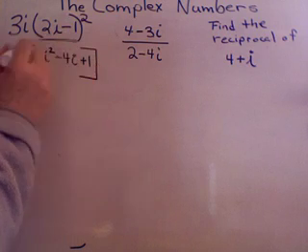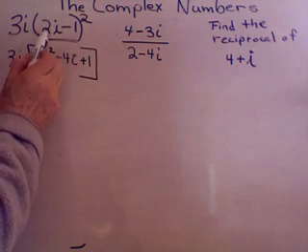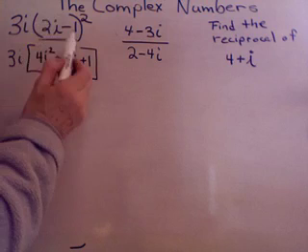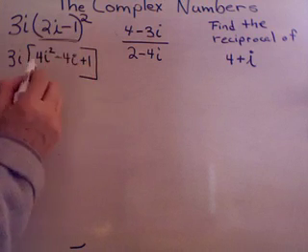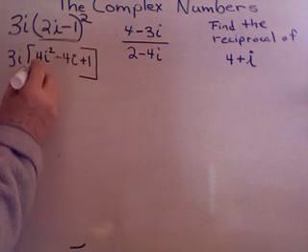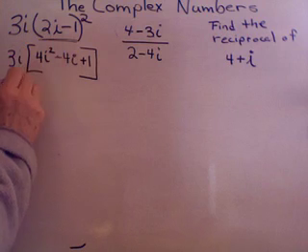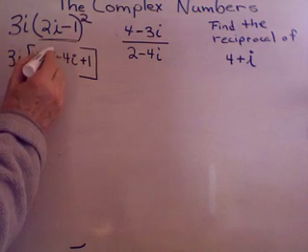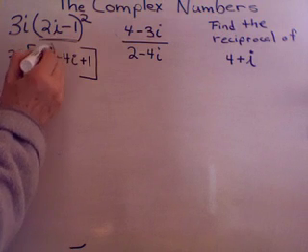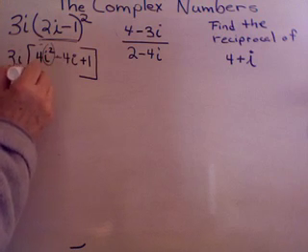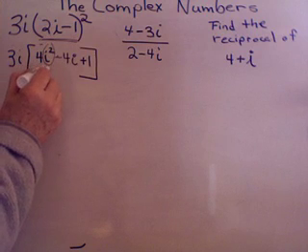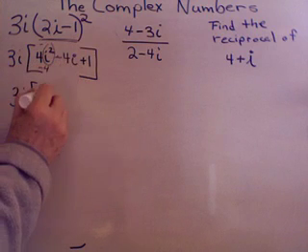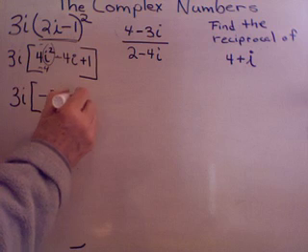Now, if you can't do this shortcut, remember you can always write this out twice and use the method FOIL. All right, at this point, I'm going to simplify before I multiply the 3i. So let's simplify. I know i squared is negative 1. So this part becomes negative 4 plus 1, so I have negative 3 minus 4i.